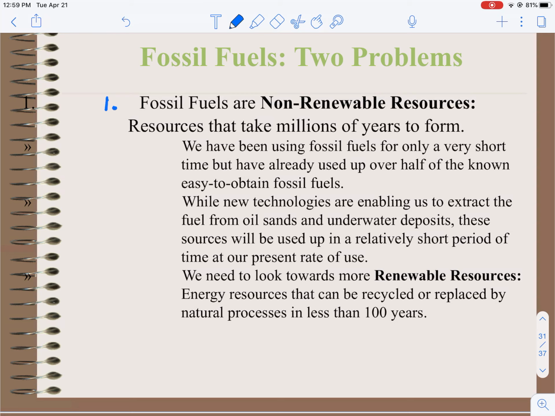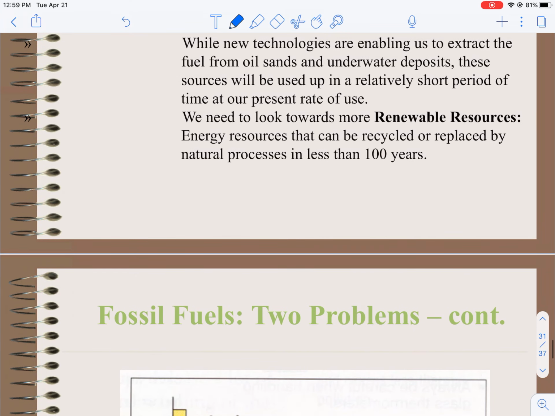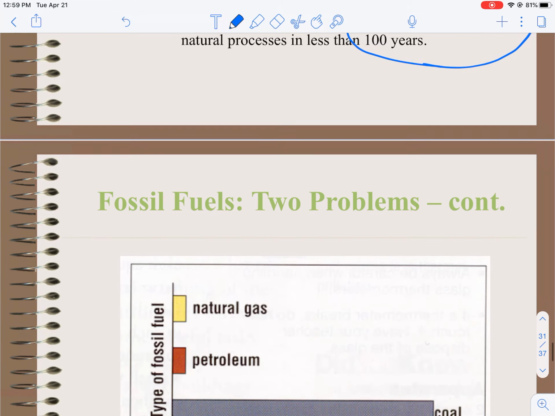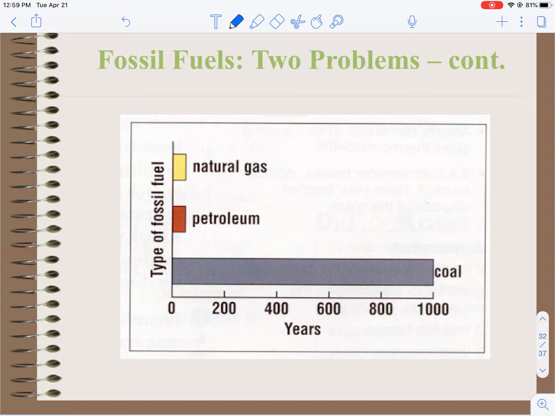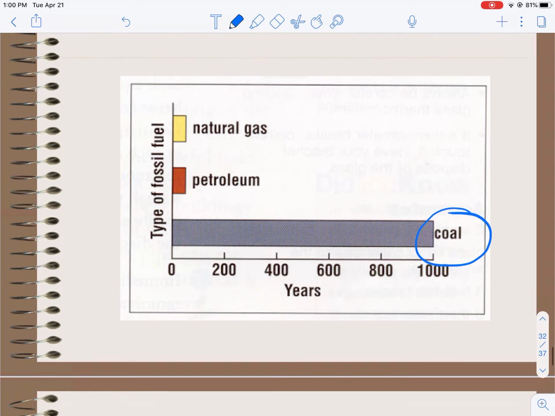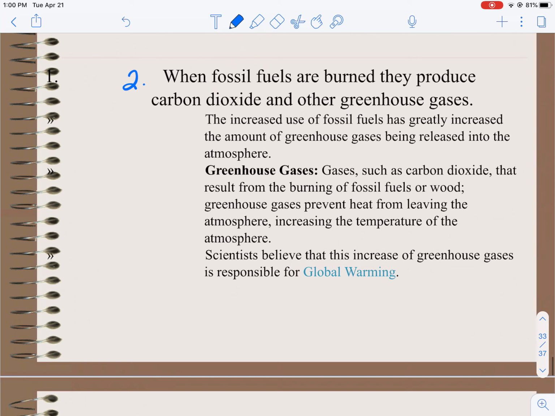However, one of the problems is that it took millions of years to form, so it's considered non-renewable, the coal, oil, and natural gas, because it would take so long to make more. And we're then looking at how renewable sources are a better source of our energy. And you can see that coal is the one that has been used the most for a fuel source.